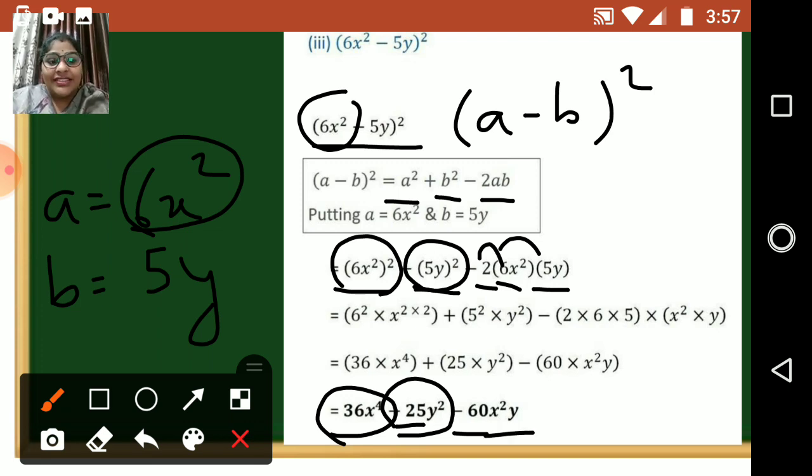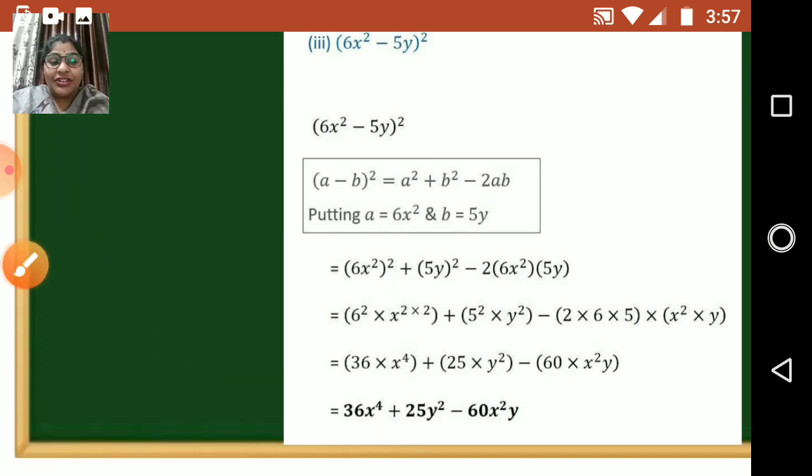So it is 36 x raised to 4 plus 25 y square minus 60 x square y. I hope this is clear children. The only thing you have to do is see the proper values of a and b, check which identity you can use, and just substitute the values and find the answer.